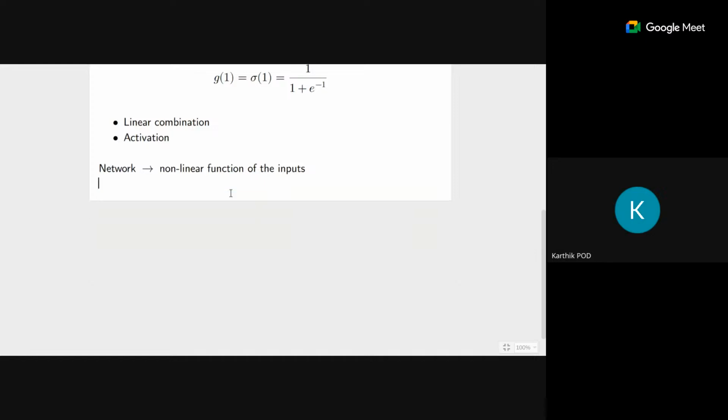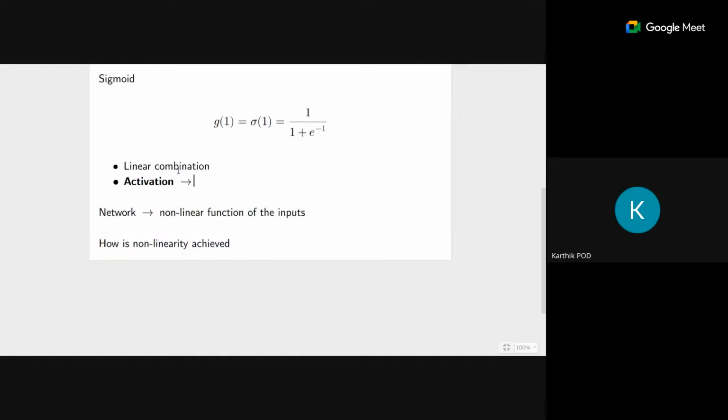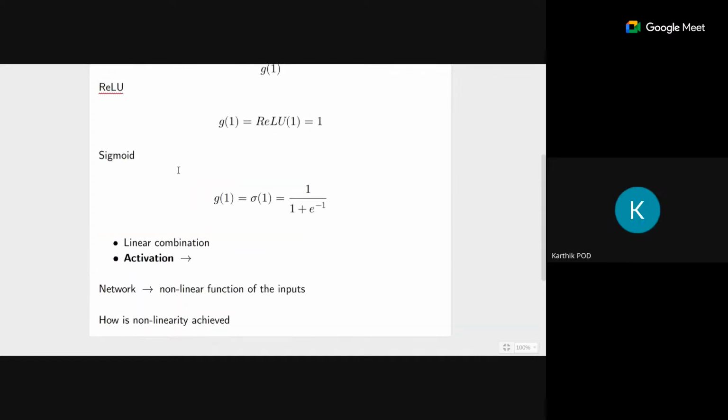How is this non-linearity achieved? Due to composition of functions. But not just composition: if you combine a lot of linear functions, you will still get a linear function. So it is composition of non-linear functions, and this activation is non-linear.